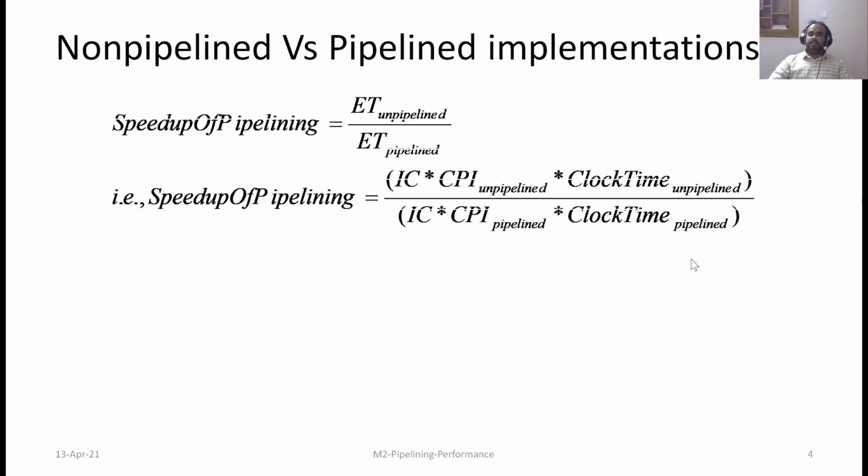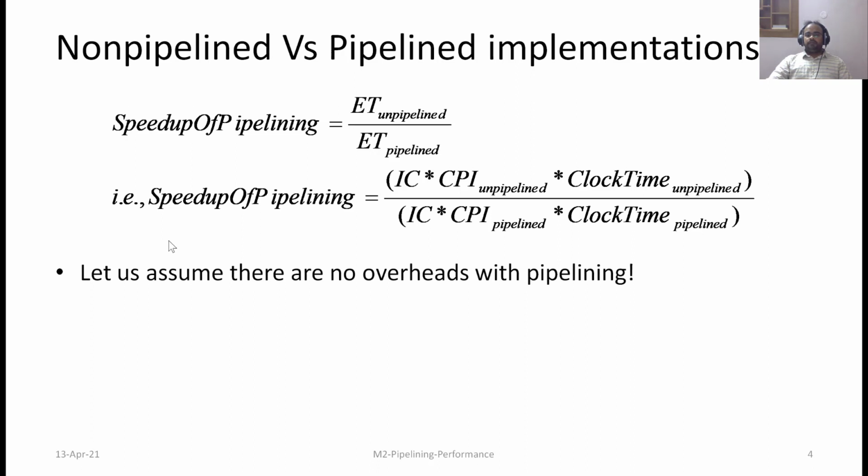So we can say that the pipelining speedup would be something like this: the execution time of the unpipelined version upon the execution time of the pipeline version. Now using the basic performance equation, if we expand the execution time, it would be instruction count times CPI of unpipelined version times the clock cycle time of unpipelined version, upon the instruction count times CPI of pipeline times clock cycle time of pipeline, right?